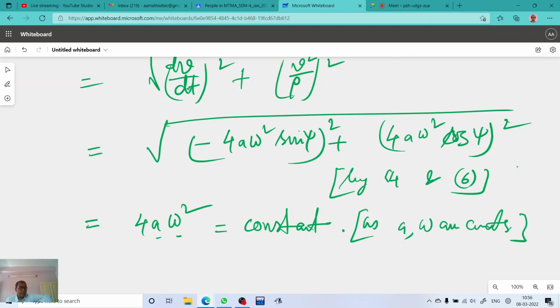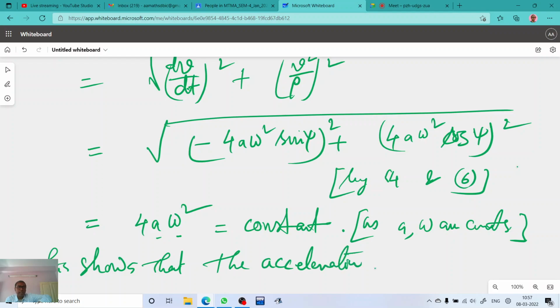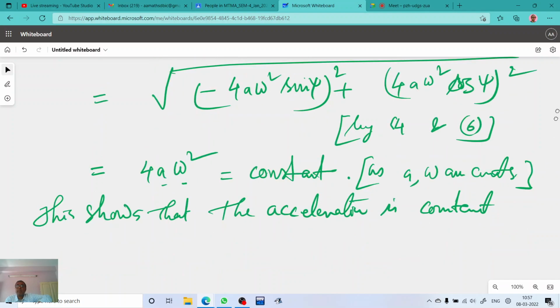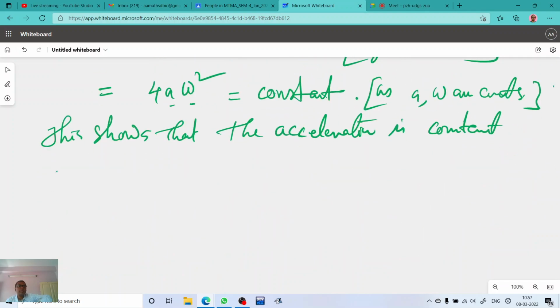So this shows that the acceleration is constant in magnitude. Constant in magnitude.